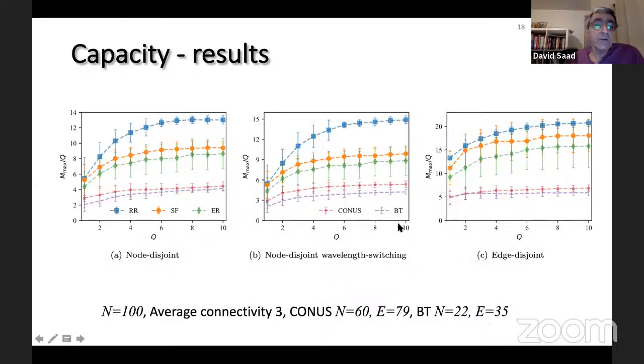You can see that in general, the more ordered the network is, like the random regular graph, which is in blue, the more you can get out of it. When you are looking at CONUS and BT, which are relatively densely connected and heterogeneous, the gain is lower.